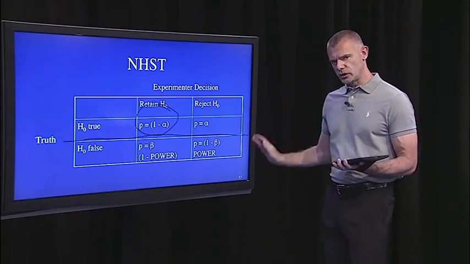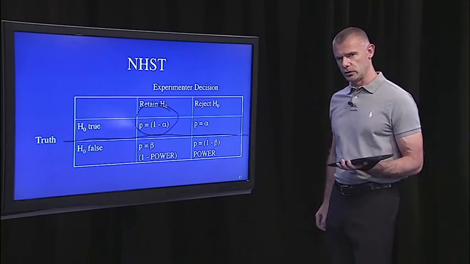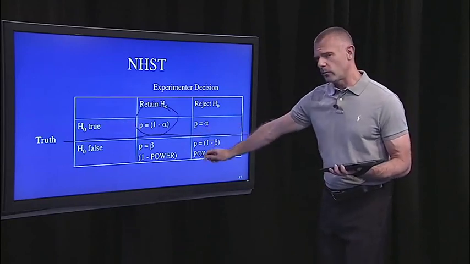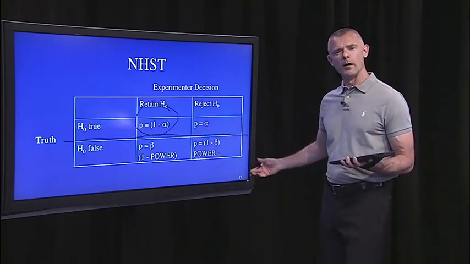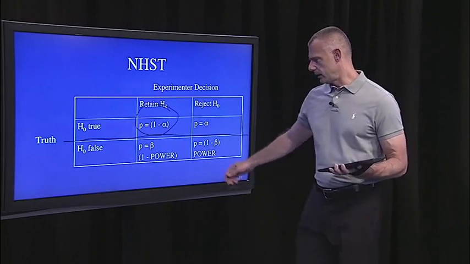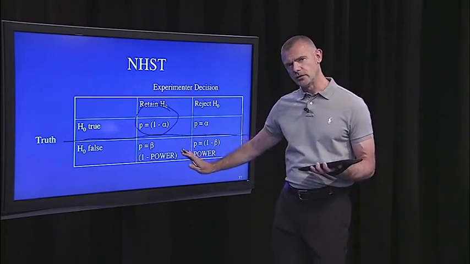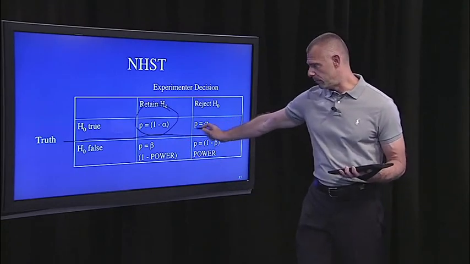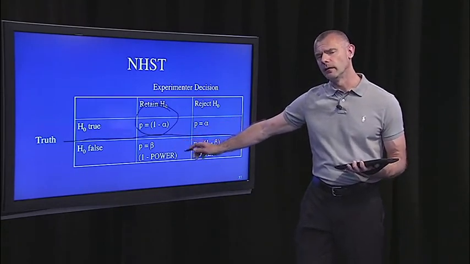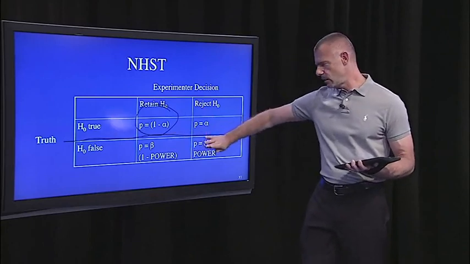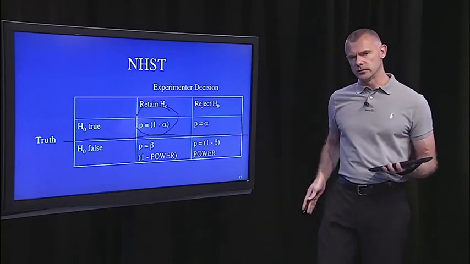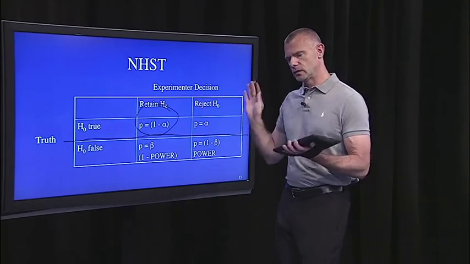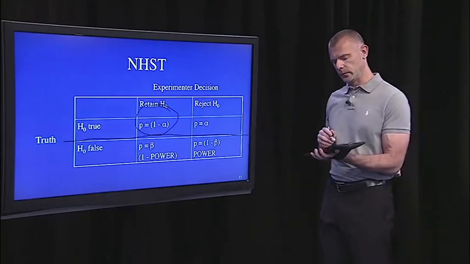And then the probability of a type 2 error is just 1 minus power. This is a slightly confusing notation, forgive me. Alpha is the probability of type 1 error. Beta is the probability of type 2 error. That is no relation to the beta which is the standardized regression coefficient. It's just coincidence that beta is used for both of those.